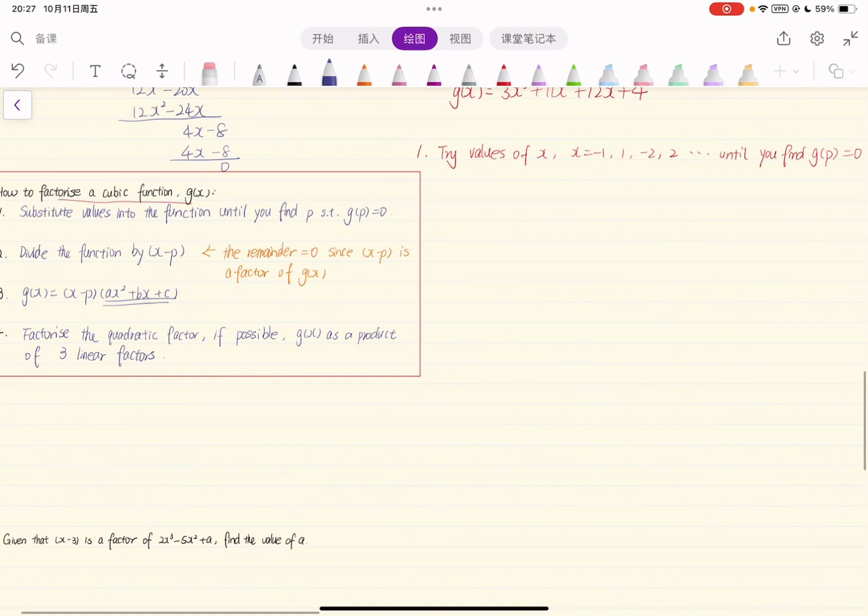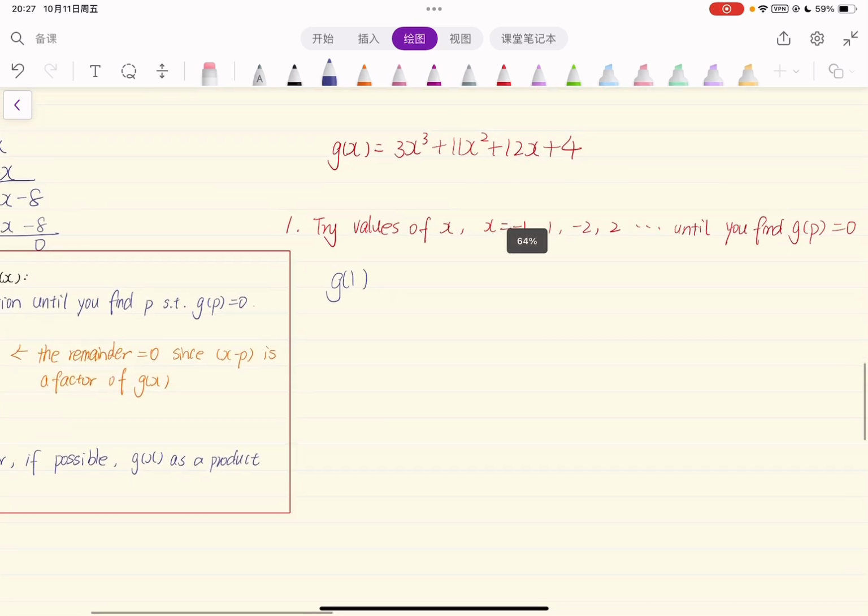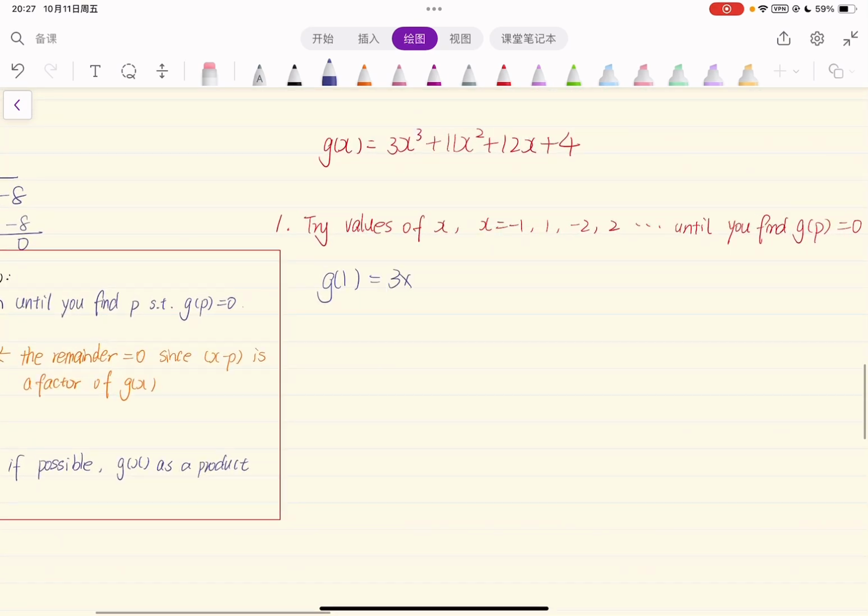Let us see if we try g(1) first. What do we have? We have 3 times 1 cubed plus 11 times 1 squared plus 12 times 1 plus 4. That equals 3 plus 11 plus 12 plus 4 equals 30.